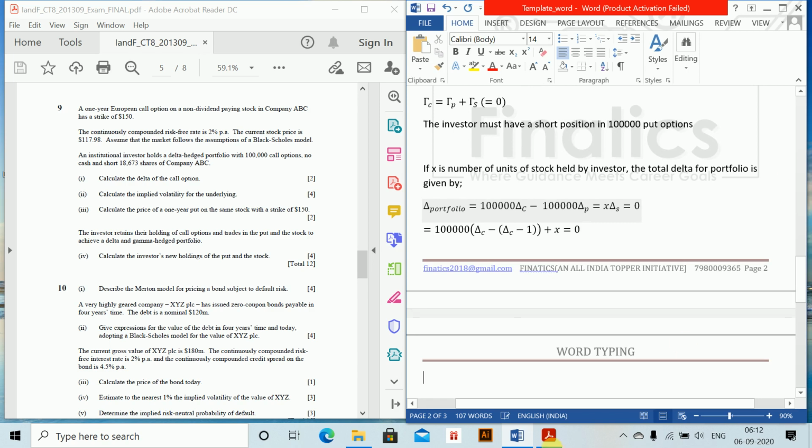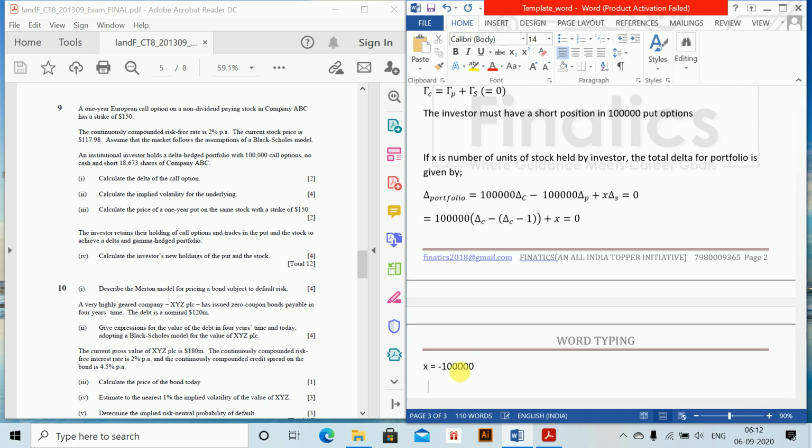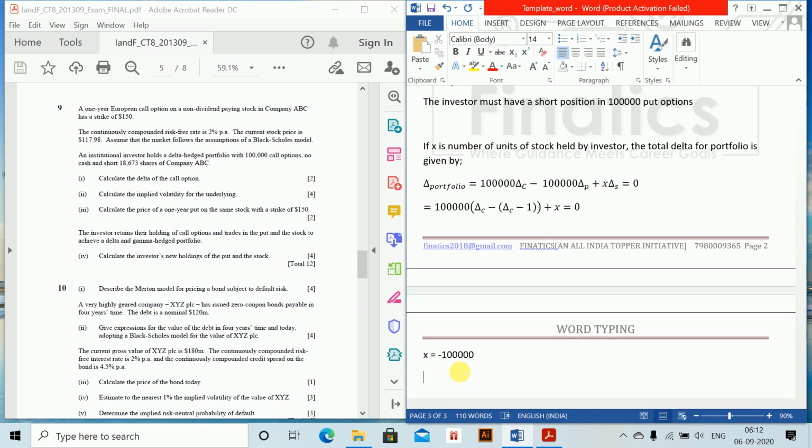So X is equal to minus 100,000. So the investor has a short holding of stock. Okay, so this is how you do a Black-Scholes sum.